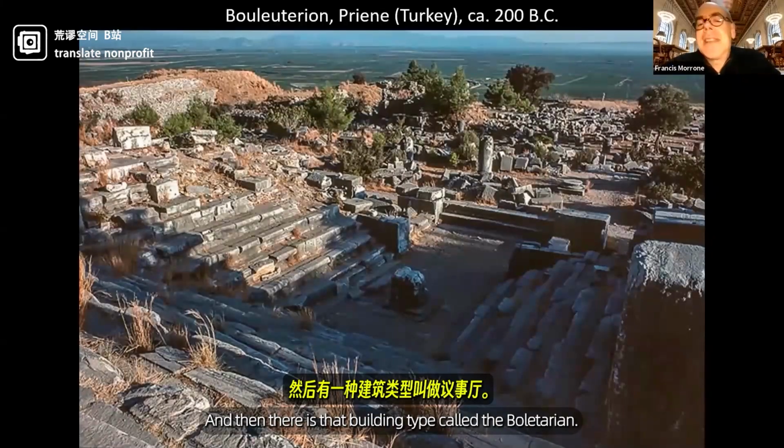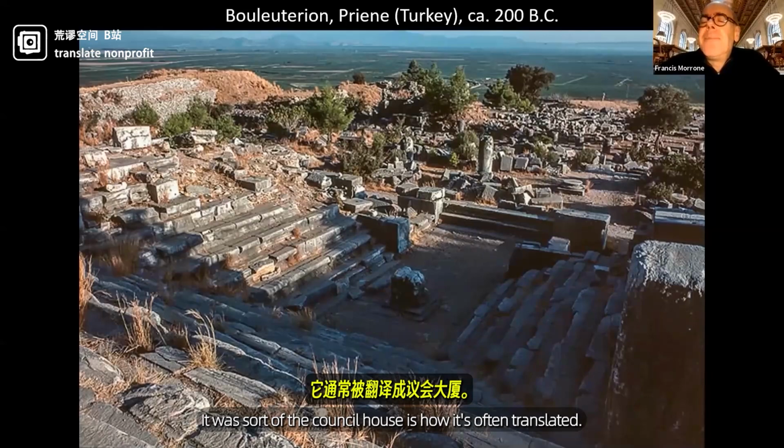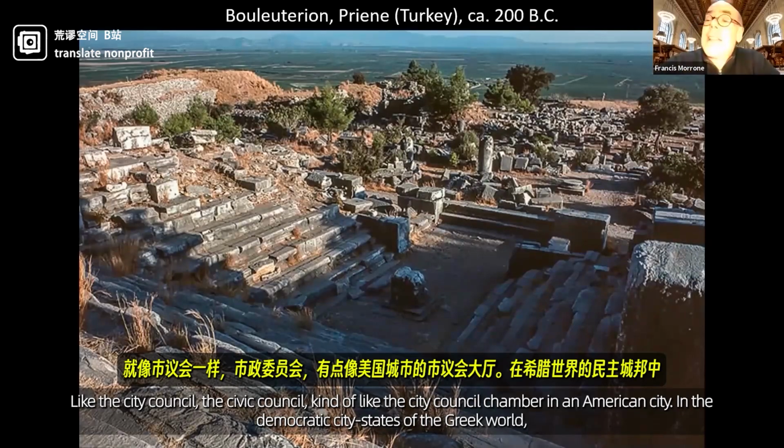And then there is that building type called the Bouleuterion. What is a Bouleuterion? It was sort of the council house, is how it's often translated. Like the city council, the civic council, kind of like the city council chamber in an American city.